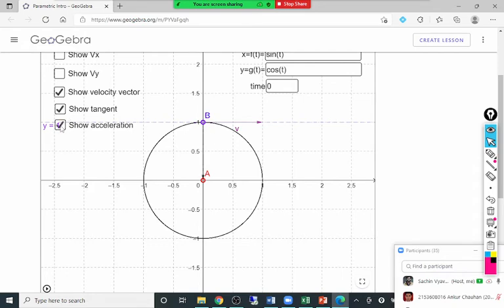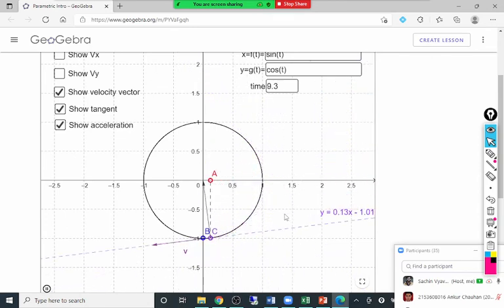Next, if we see acceleration, the acceleration is like the vector BA, that acts towards the origin. That's the acceleration. And if I animate it now, you will observe the acceleration always has a fixed direction, and that direction is towards the origin. That arrow towards the origin is the acceleration vector, while the arrow in this purple color is the velocity vector.